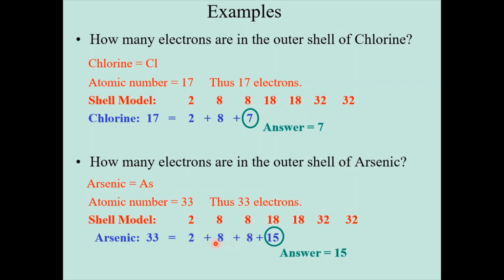So 2 plus 8 plus 8 is 18. Well, we've got 33 we have to fit. So 33 minus 18, there are 15 more electrons that we have to fit in, and all 15 of those can fit in this fourth shell because it can hold 18. So our answer is there are 15 electrons in the outer shell of arsenic.